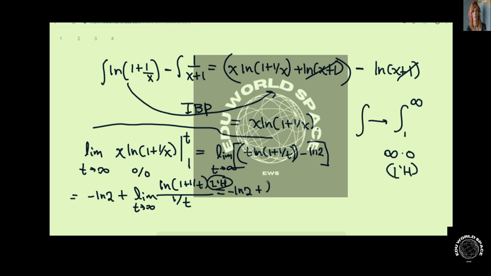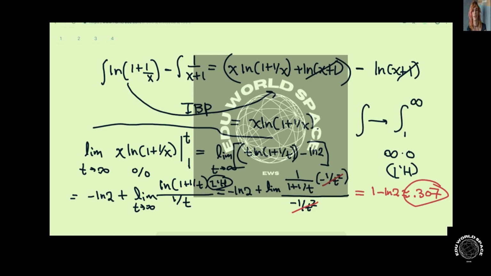Derivative of the top, 1 over 1 plus 1 over t, use the chain rule with the power rule there, and once again using the power rule down here, but luckily these two terms cancel out from the chain rule, and as t goes to infinity, this will just go to 1, so we just have 1 minus ln 2, which is about 0.307.